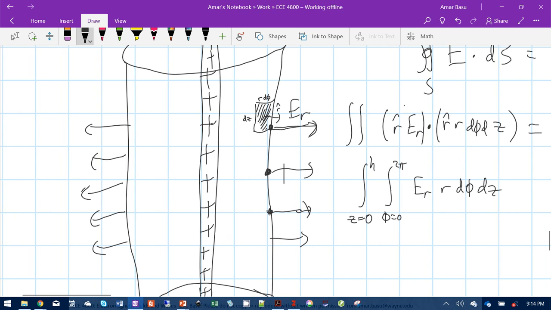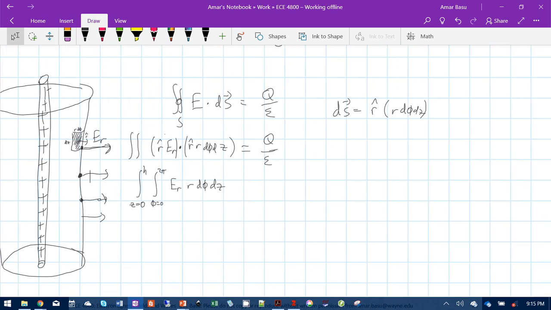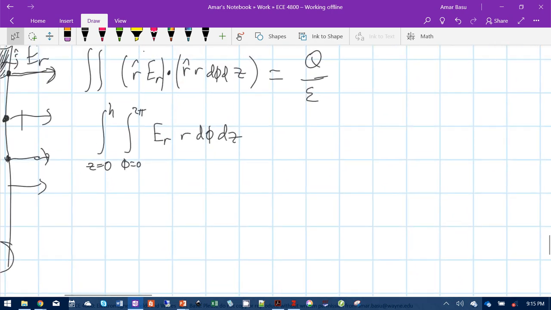Let's assume that the cylinder has some height h associated with it. This is part of the trick of Gauss's law. We're going to integrate from z equals 0 to z equals h, and this is equal to Q over epsilon.